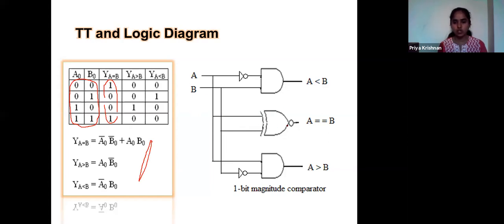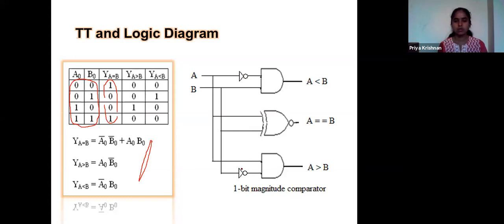If I put an XNOR gate, I'll get A equal to B. Then this expression is A less than B, which is A0 bar, so I want to invert it, A0 bar into B0. And here A0 into B0 bar.